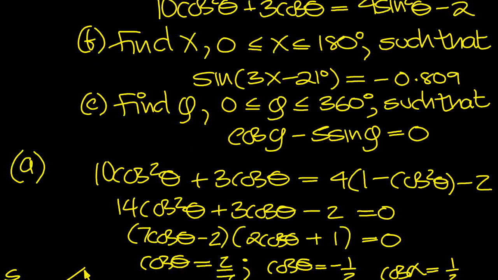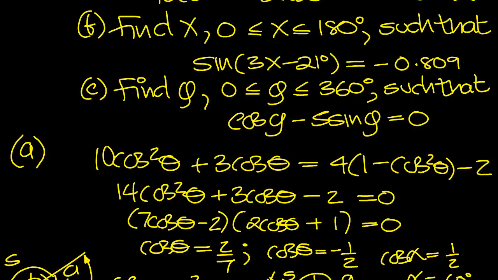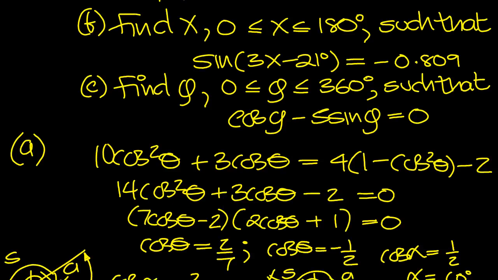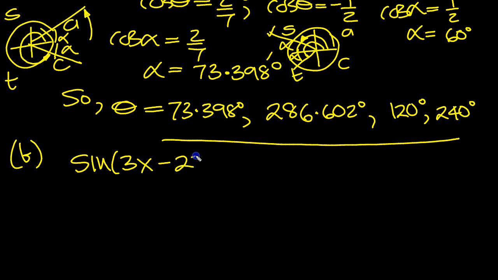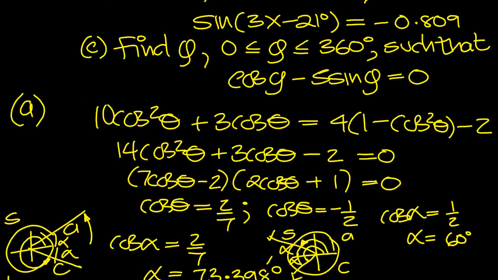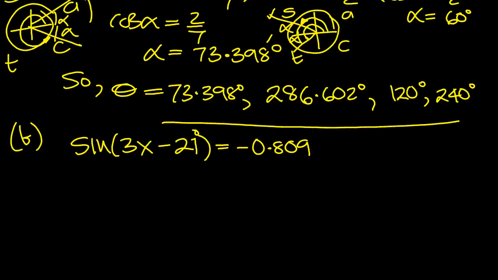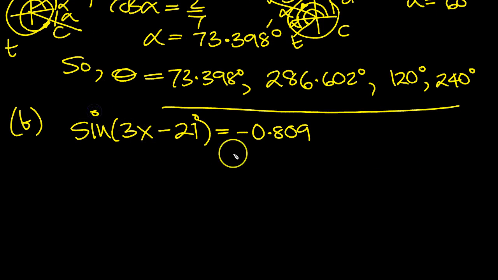So that's part A. Now we look at part B. We're doing x between 0 and 180. Sine of 3x minus 21 degrees is equal to minus 0.809. Let's just check that. Yep, that's what we've got there. And there's our problem. Now we're solving between 0 and 180.